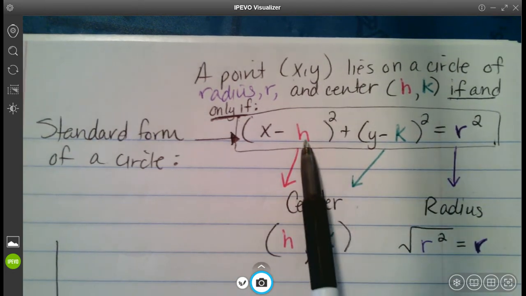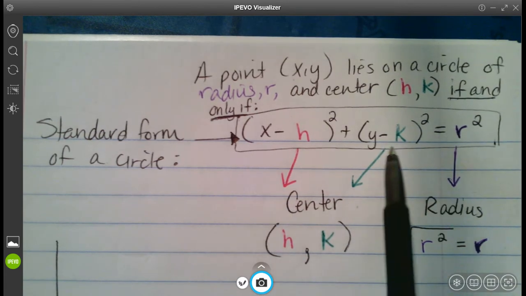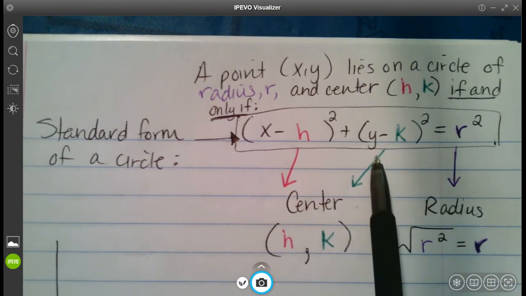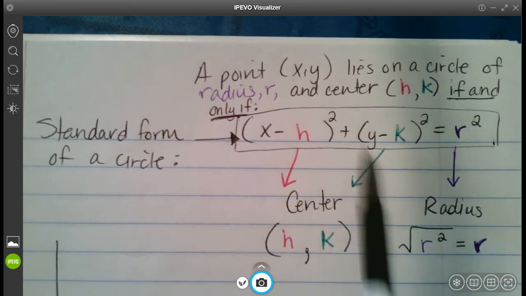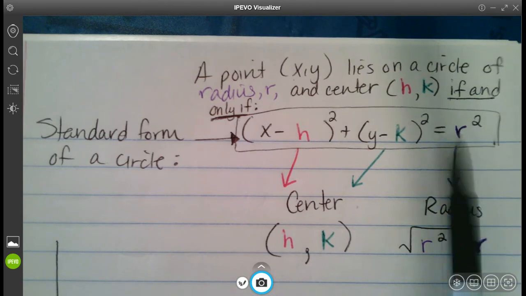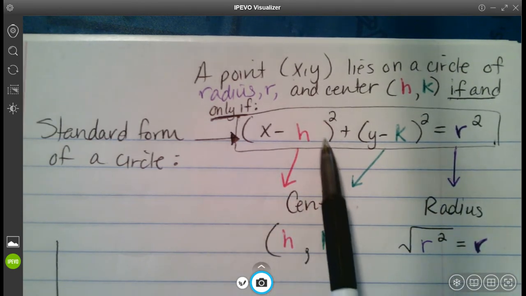In other words, this square plus this square has to equal this square. That comes from the Pythagorean theorem. Remember how I mentioned we could do right triangles in a circle. This is like your a, this is like your b, and this is like your c.